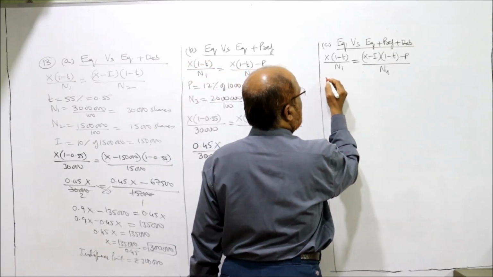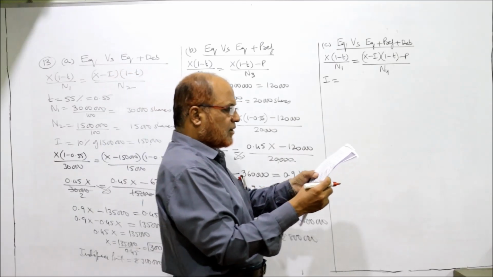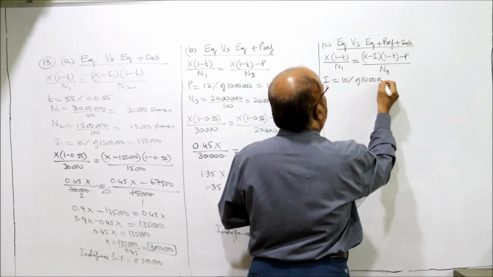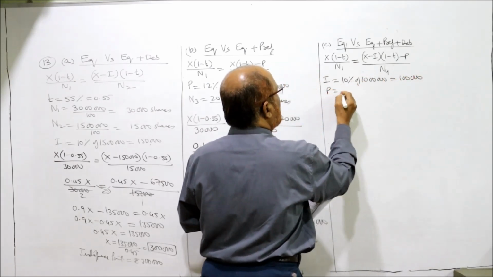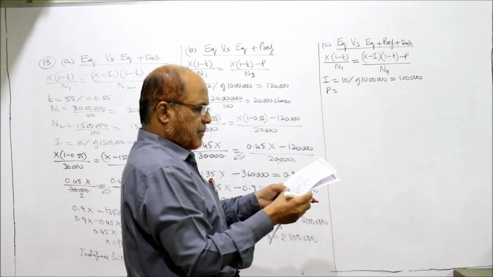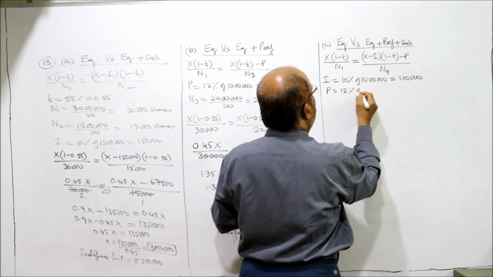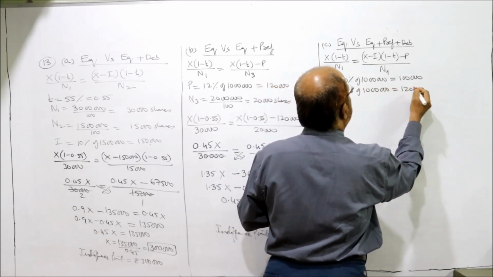So I is equal to, how much is the interest? See the third, 10% of 10 lakh, which is 1 lakh. Then P is equal to preference dividend. Preference share capital of 10 lakh, 12% of 10 lakh, is 1,20,000.